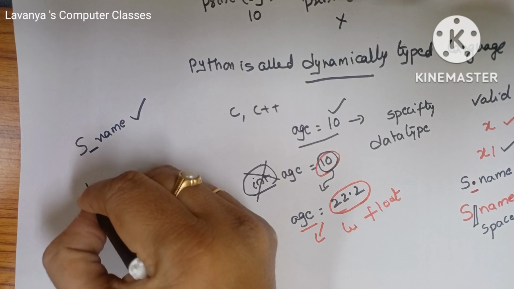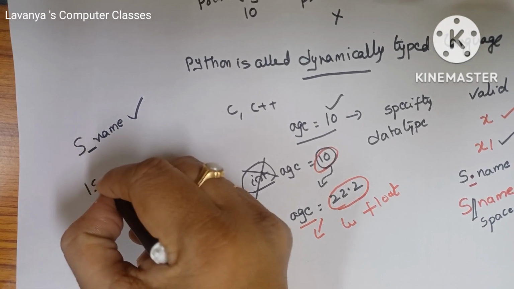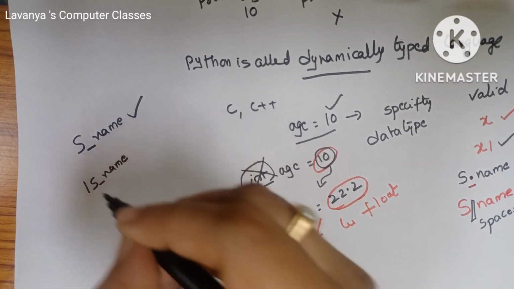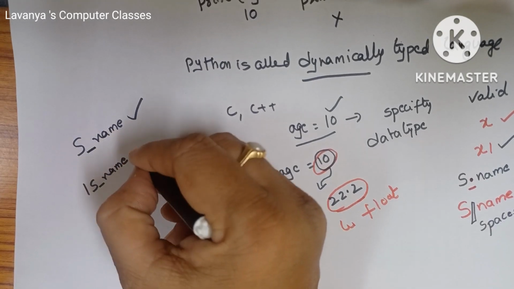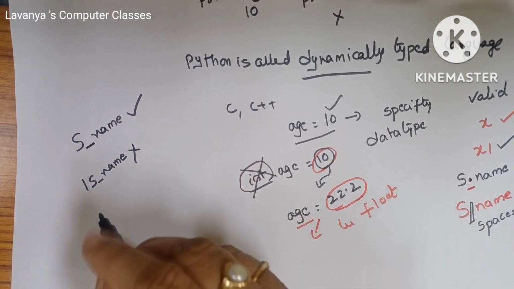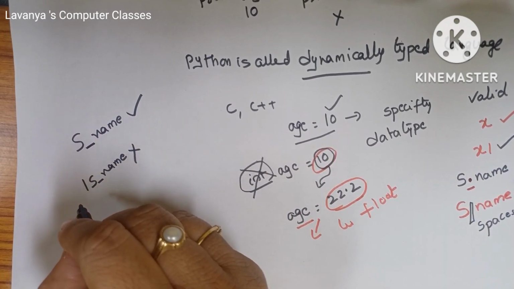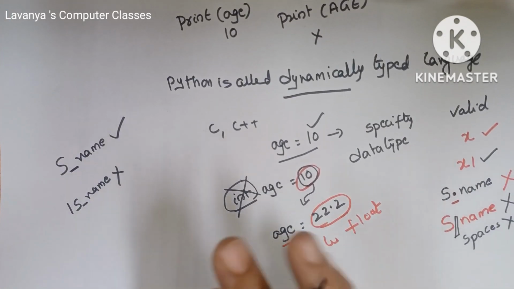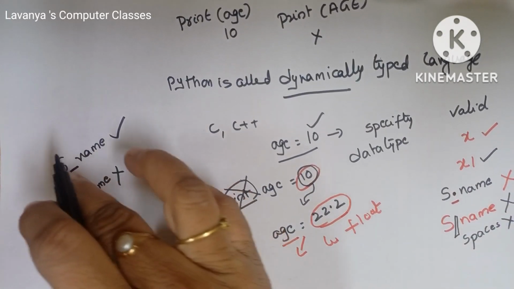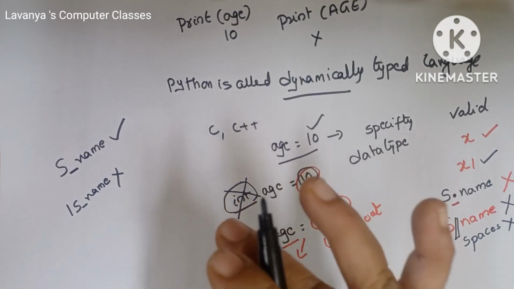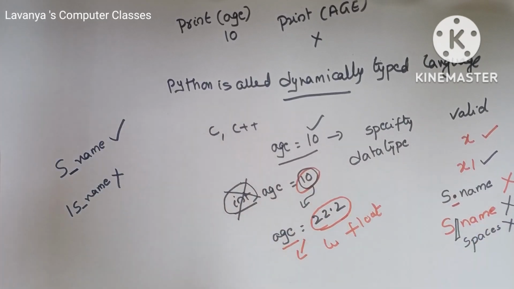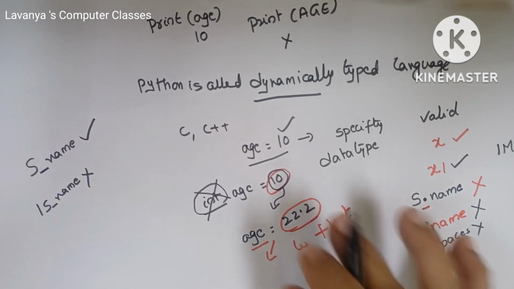Student name, first student, 1s_name: is it a valid variable? No, it is not a valid variable name because it starts with a number. According to this, also small letters and capital letters have different meanings. So follow these rules and give proper variable names.